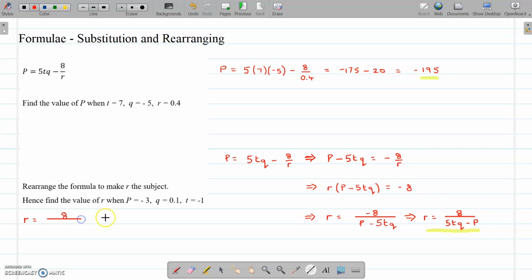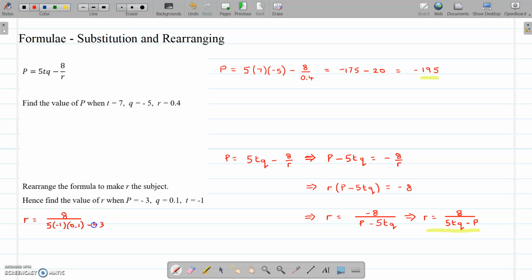Okay, so I've got an 8 on the top line. On the bottom line, I've got 5 times t, which is -1, times q, which is 0.1, and from that I've got to subtract -3.